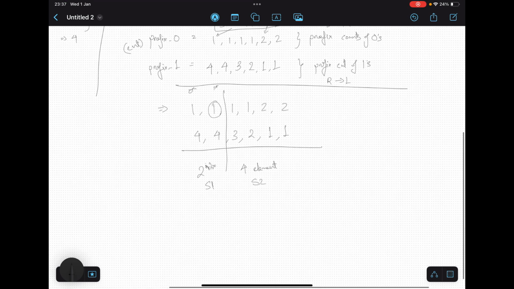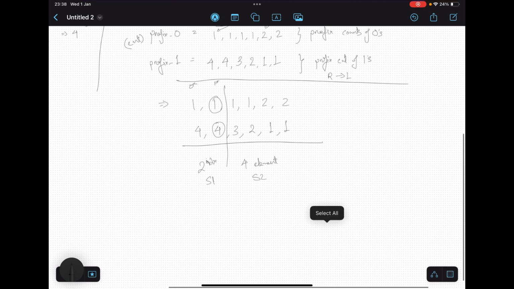So 1 here is the number of zeros in S1 and 4 here is the number of ones in S2.